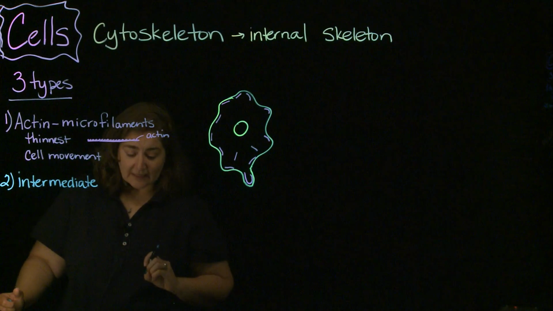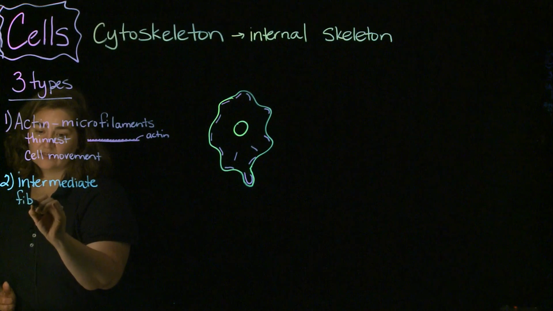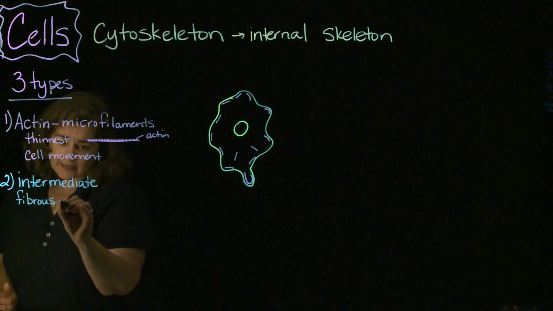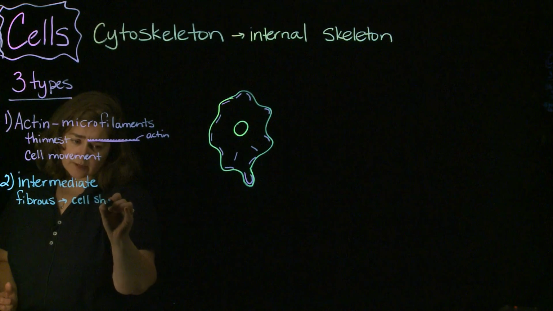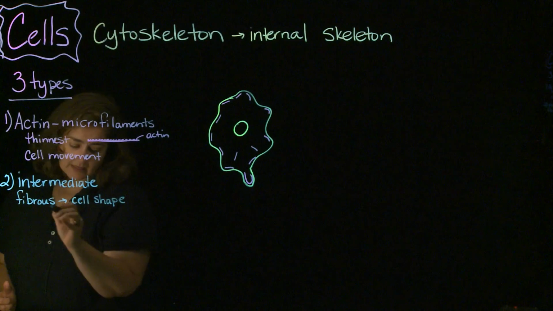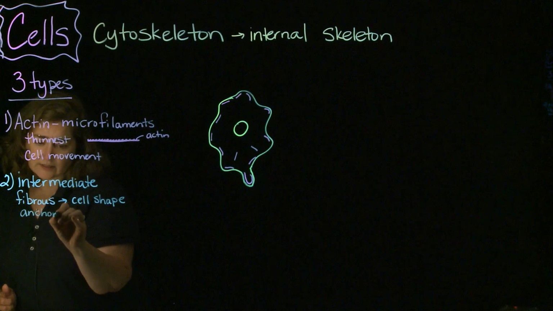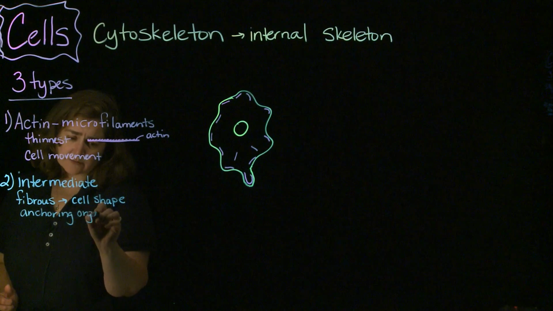So the intermediate filament is very fibrous, and it has to do with maintaining cell shape and also in anchoring organelles.